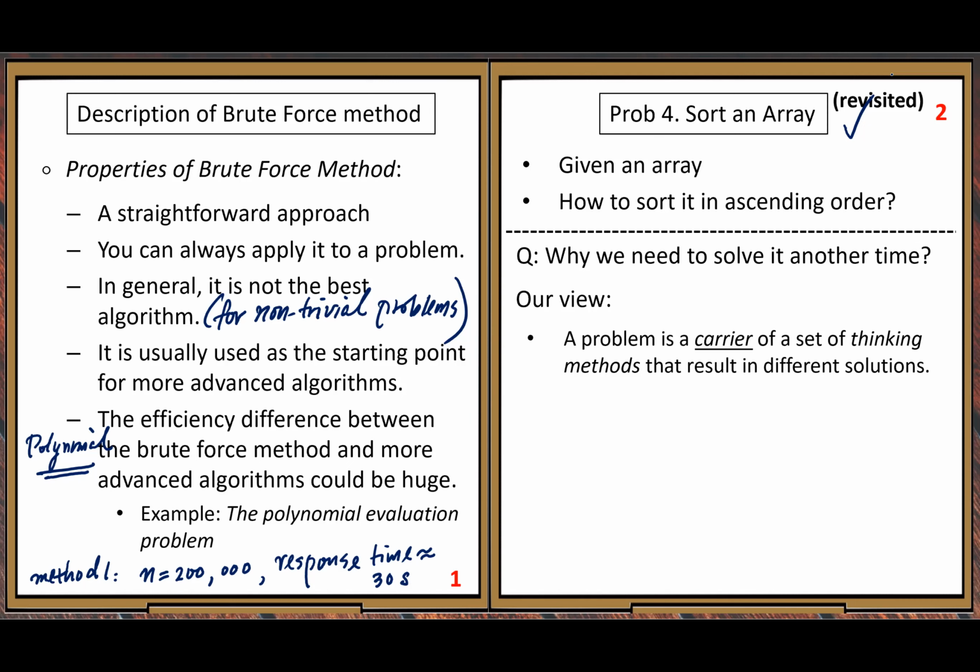Our goal is that we want to learn problem solving techniques. That's our main goal for this class. Problem solving techniques for computing problems, right?